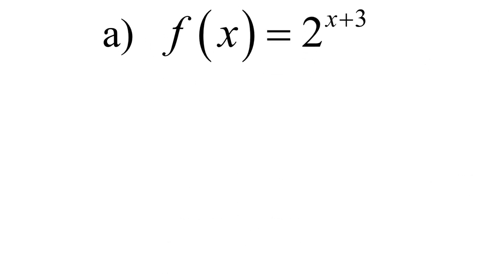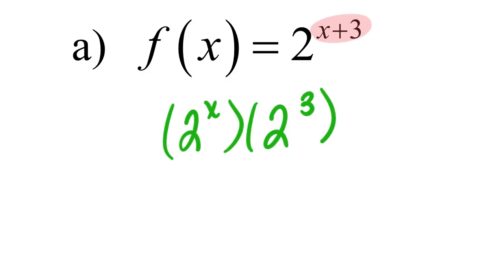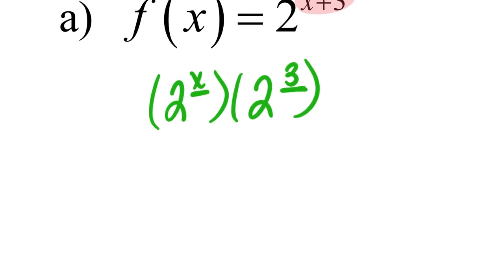If I look at these, I am dealing with x plus 3. So in order to have an addition, that meant I originally had to have 2 to the power of x, and I had to multiply it by another 2 to the power of 3, because when you have the powers up here, that's when you can add them. So all we've done is separate them out, and now we're going to clean it up.